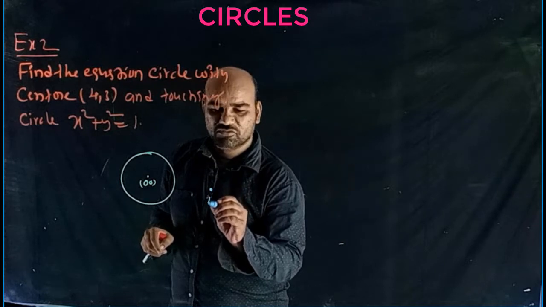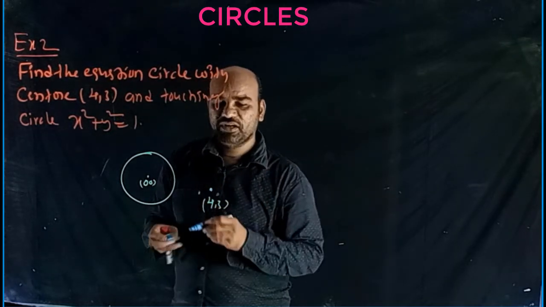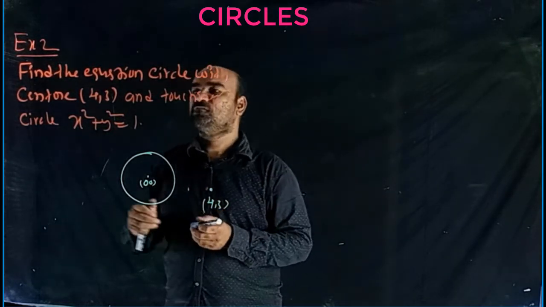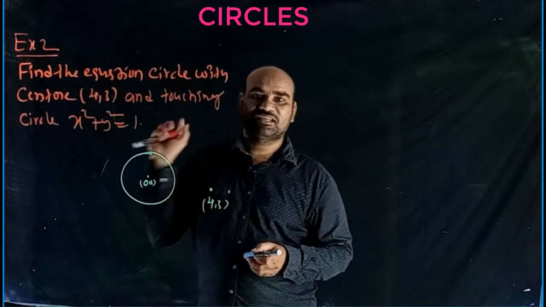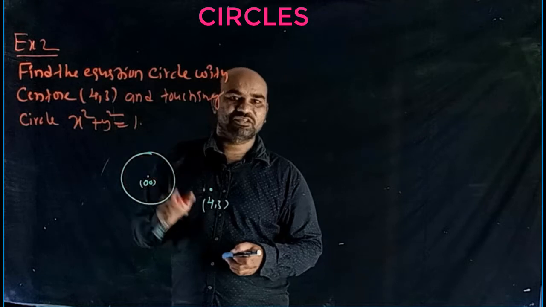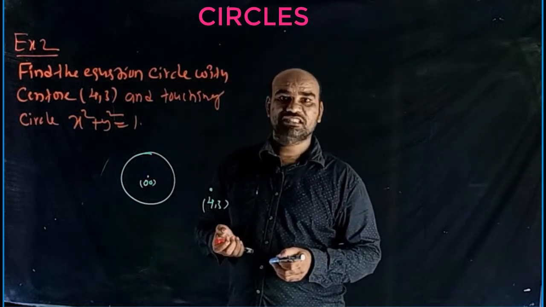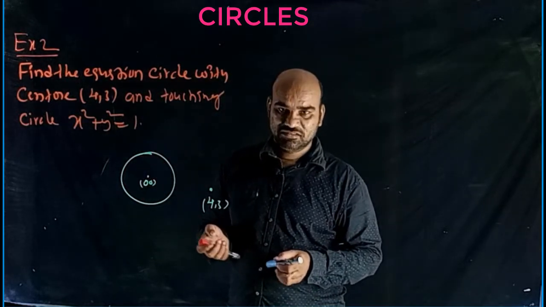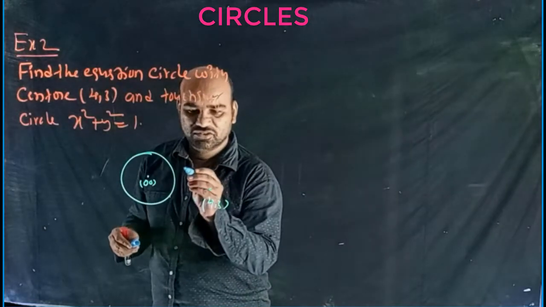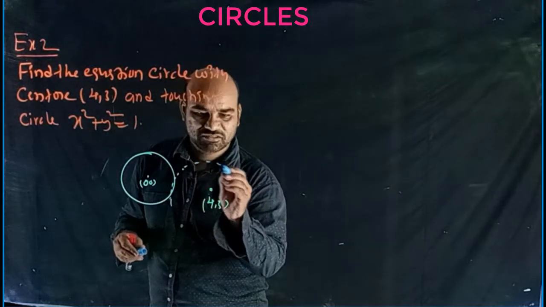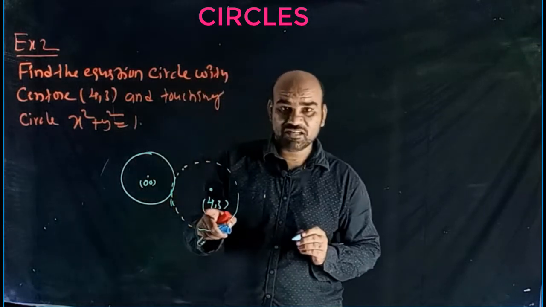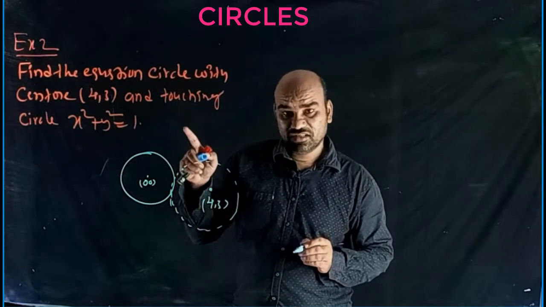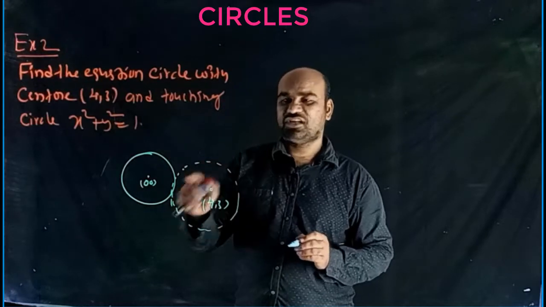(4, 3) is outside. Now you want to find the equation of a circle such that the center is (4, 3) and that should touch the circle. Interesting problem. Two cases will arise. So this may be the one circle, meaning the required circle touches the given circle externally.